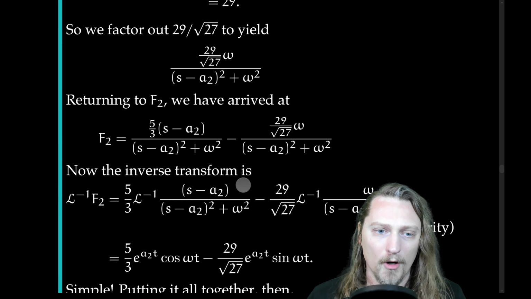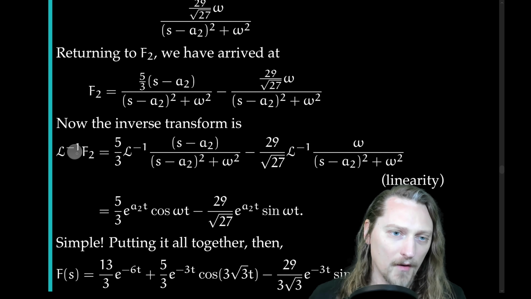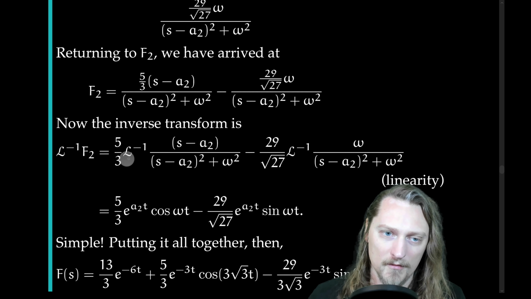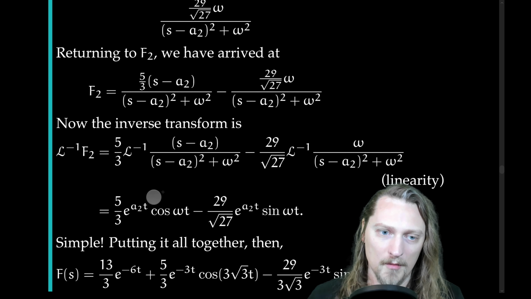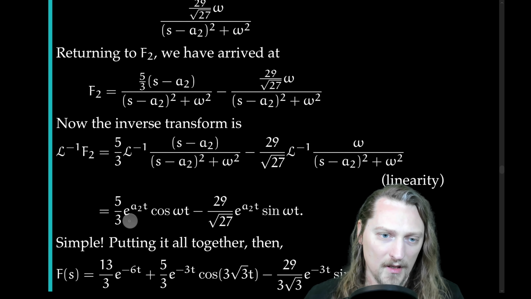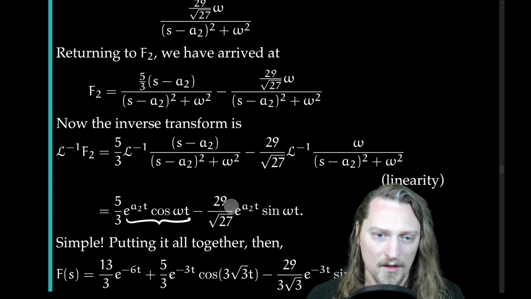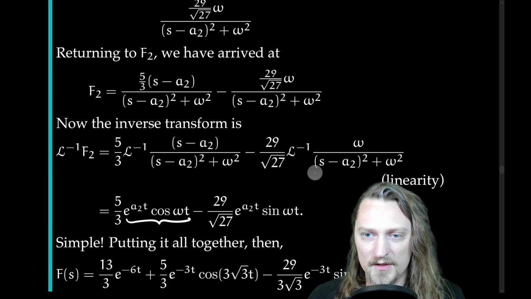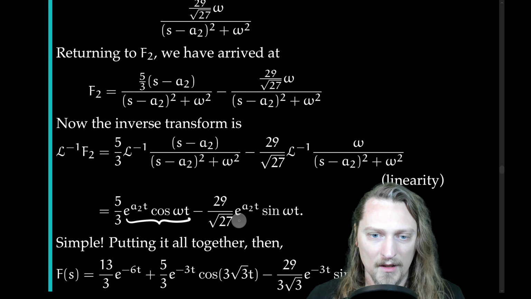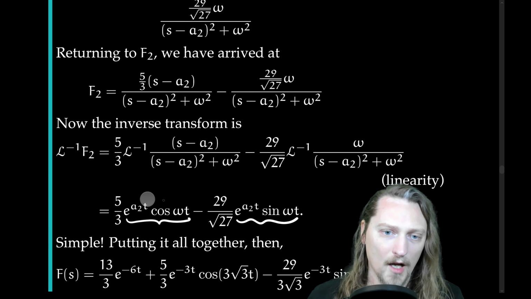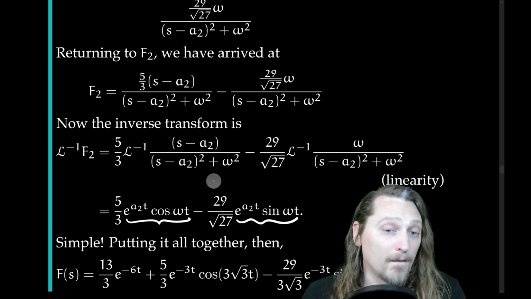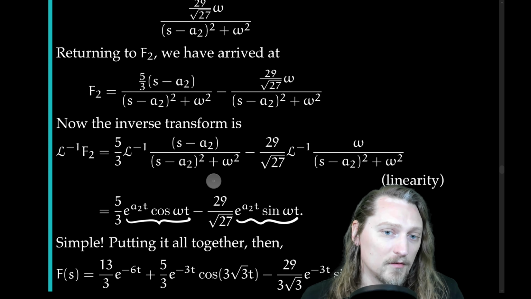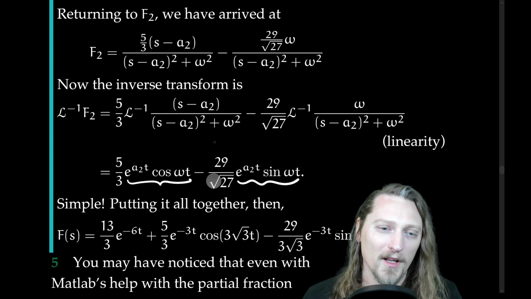The inverse transform of F2 is the inverse Laplace transform of this term, which we see here, and the inverse Laplace transform of this term, which we see here, and then the linear combination of them as we've seen previously. So that worked out well. Okay, simple, I mean, more or less.